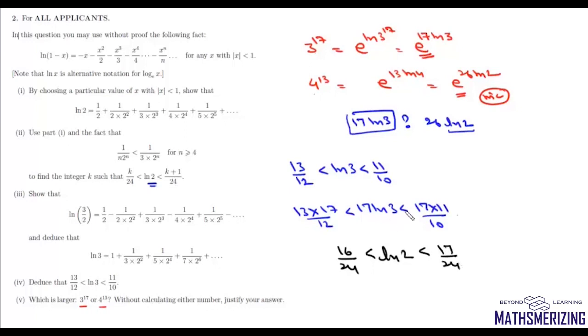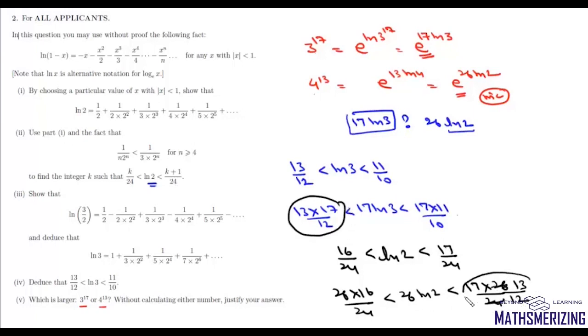Now we multiply everything with 26, we'll get 26 into 16 by 24. It'll be less than 26 log 2 and it'll be less than 17 into 26 by 24, which is 17 into 13 by 12. Now if we look at these two values, they're same.